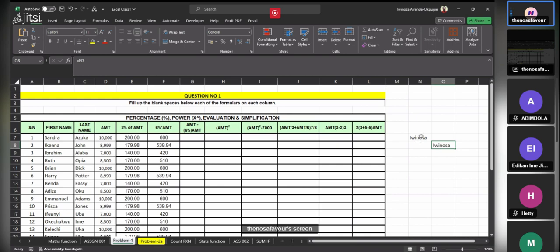So any day I decide to say no, my name is no longer Irinosa, my name is now Favor, and I hit enter, you see it also reflects, because it has been linked, it has been referenced. If I say my name is Nigeria and I hit enter, you see it has been referenced here.